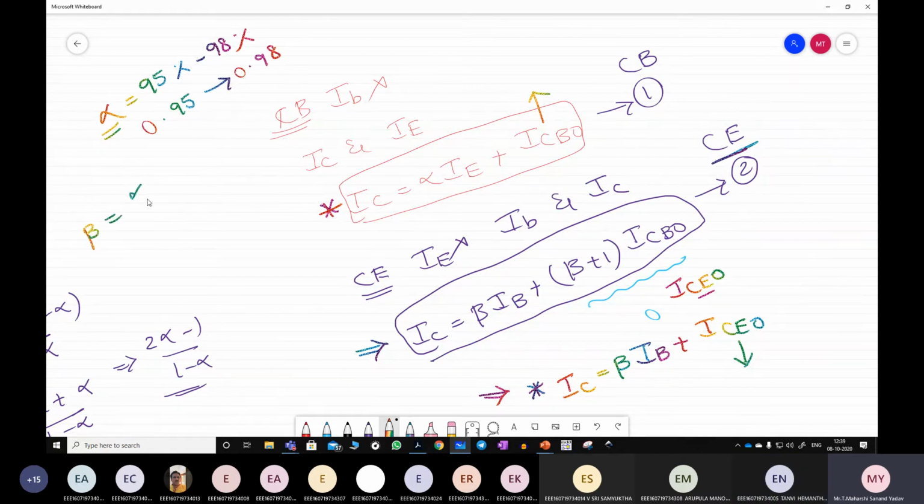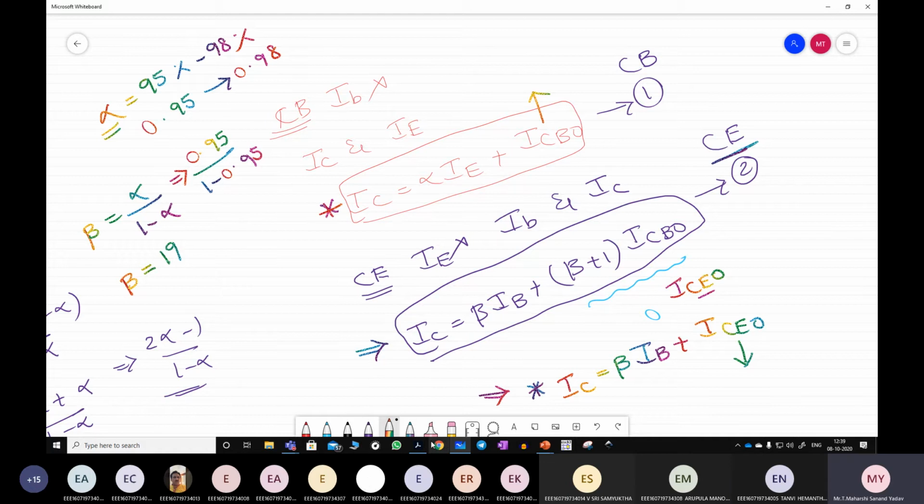Beta is equal to alpha by 1 minus alpha. Now you try to substitute 0.95 here. 0.95 by 1 minus 0.95. Tell me the answer. 0.95 divided by 1 minus 0.95. 19. So I'll get 19.